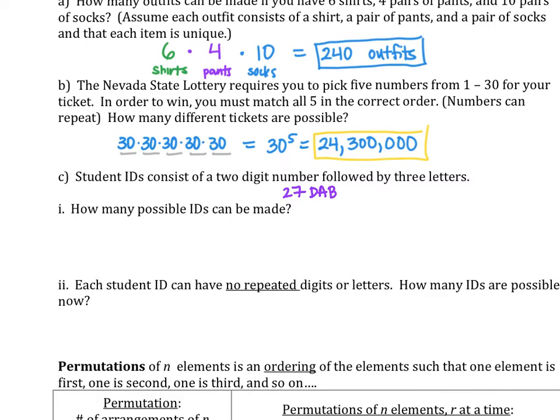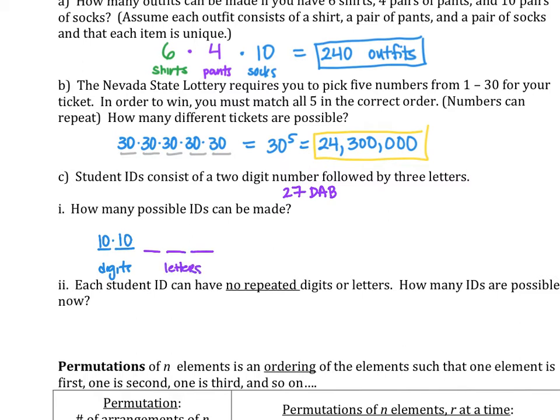The first 2 spots have to be digits. How many possible digits could there be in the first spot? There could be 1, 2, 3, 4, 5, 6, 7, 8, 9, or there could be a 0, so there's actually 10 digits. There's 10 possible digits for the second spot too. It doesn't say the digits cannot repeat. Now for the next 3 spots, they're going to be letters.